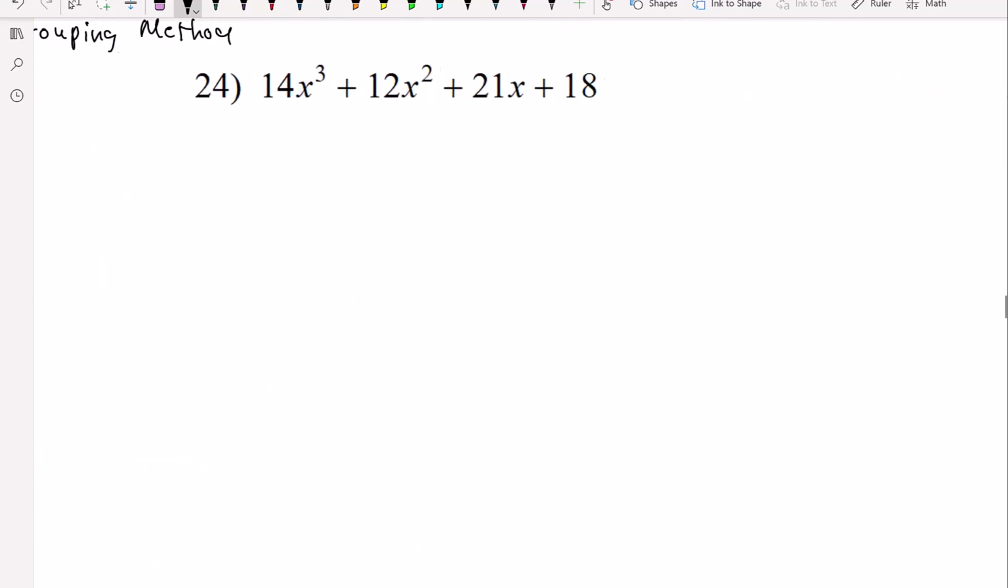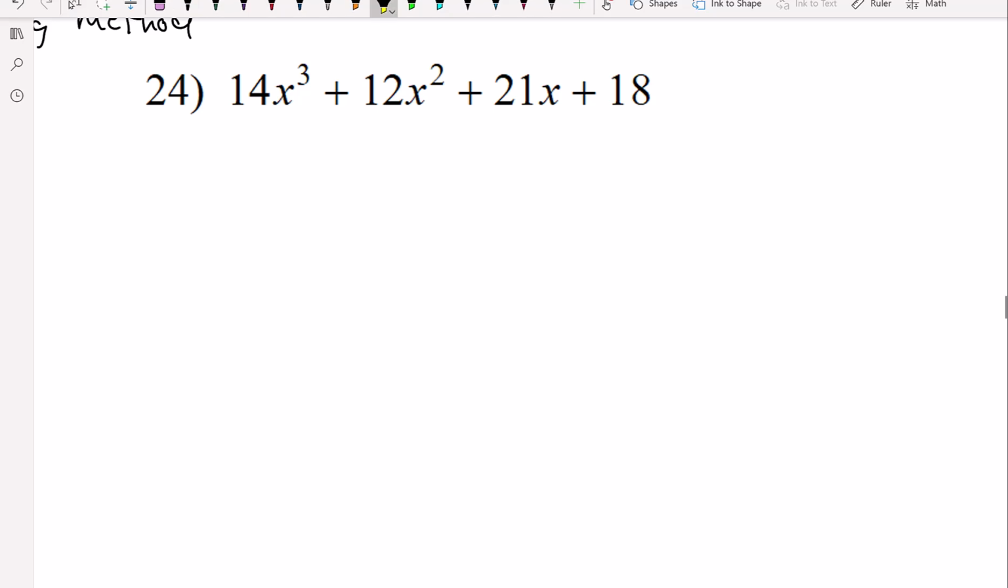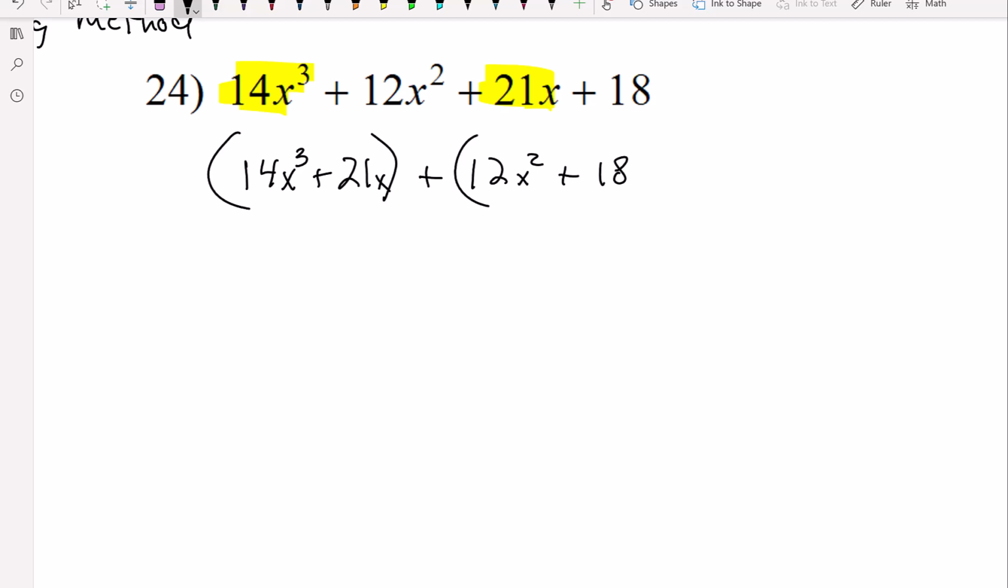So if it's easier for you, here's a perfect example. With these two, you notice that 7 goes into both of those. We could write it as 14x cubed plus 21x, and then group 12x squared plus 18. You don't have to do it that way; you could still just do it the other way. I'll leave that up to you, but I'm just showing you how.